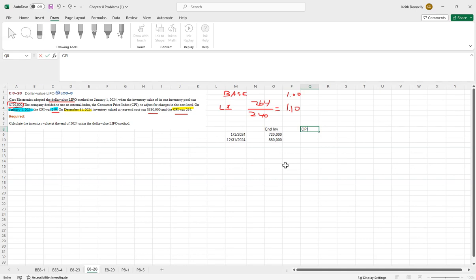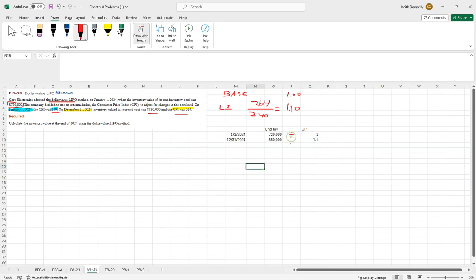Then we're going to use the CPI for the base year and the layer year, because this is considered a layer in the sense that we had our beginning and then we had some more stuff. So it will be 1.0 and 1.1.